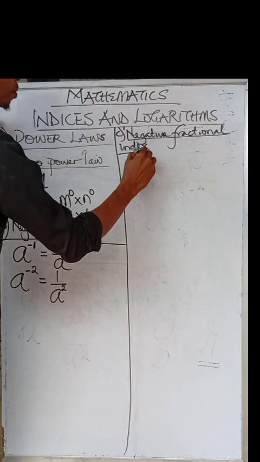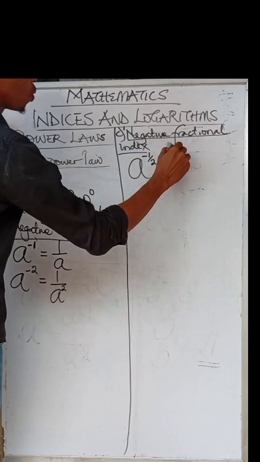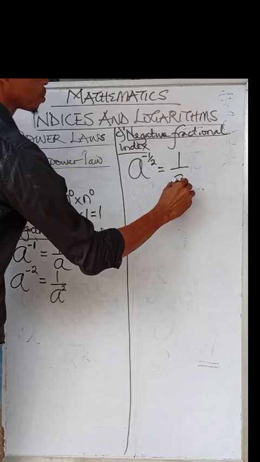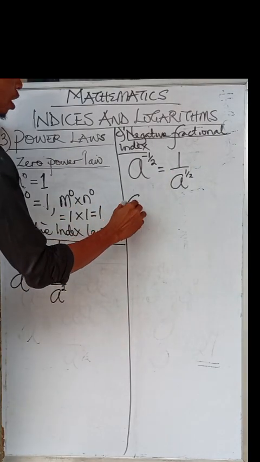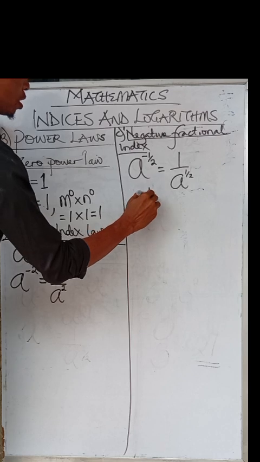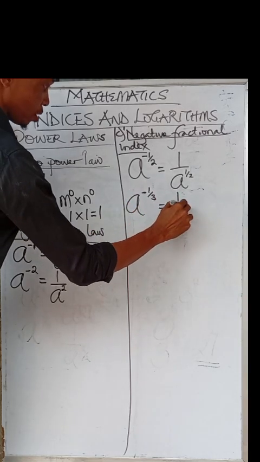So you have a exponent minus 1 over 2, which is automatically 1 over a exponent half. Likewise, if you have a exponent minus 1 over 3, you have 1 over a exponent 1 over 3.